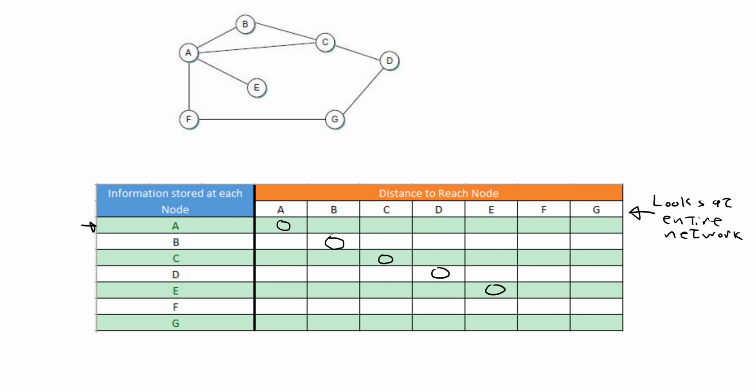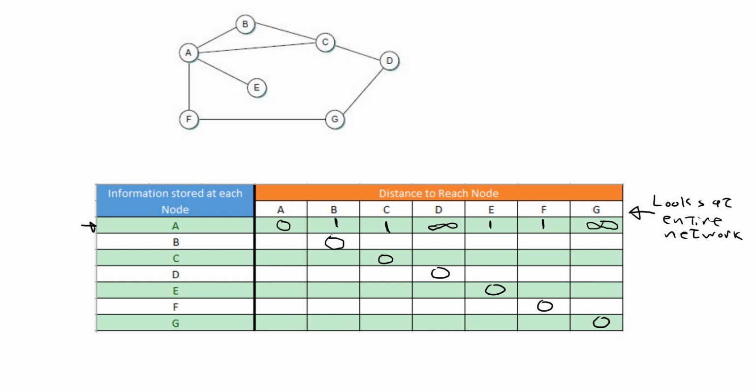Now, as we said, A will know about all of its directly connected neighbors, and so we would put a 1 in for B, a 1 in for C, a 1 in for F, and a 1 in for E, because they are all the directly connected neighbors for A. And then D and G are going to get infinity, not necessarily because A knows about them, but we, with our God's eye view of everything, know that they're there, and so they have a distance of infinity and cannot be currently reached.